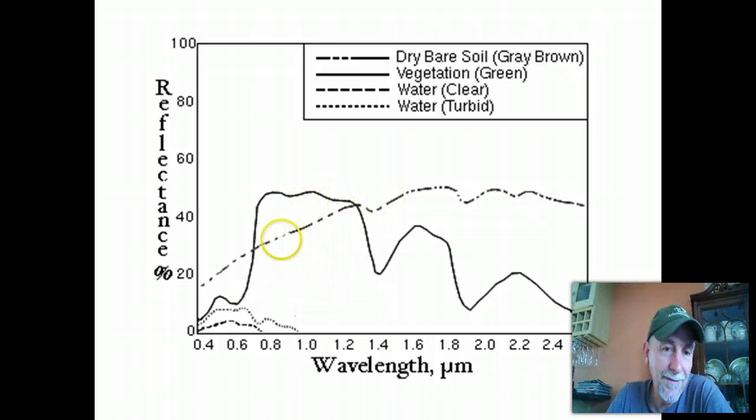So one of the things that really makes this work for us is the selective reflectance characteristics of different types of land cover. This diagram shows you an example of 4 different types of land cover: dry bare soil, gray-brown, or dirt, vegetation, just generic vegetation in green, clear water, and then turbid water, muddy water, right?